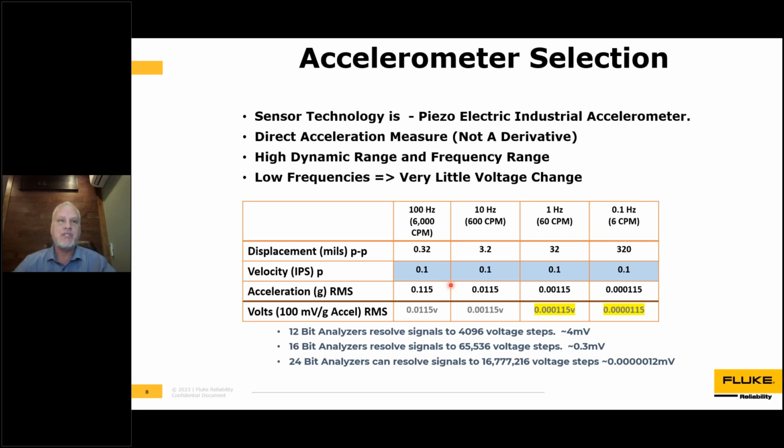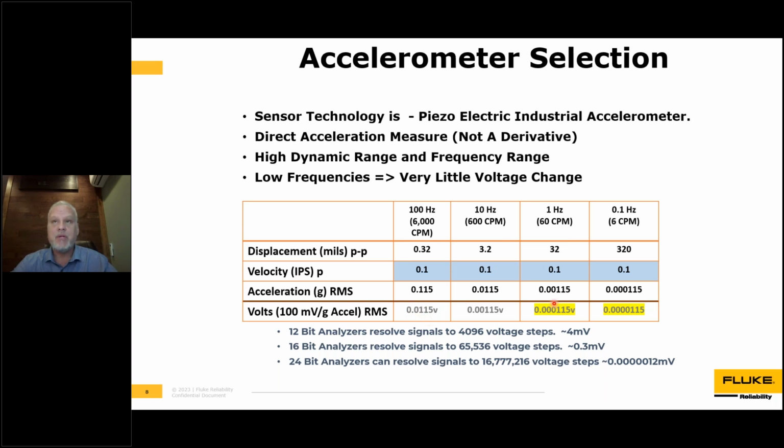And just as an example of this, I've charted out if we were to have a signal that would be equivalent, most people look at their data in inches per second in velocity, essentially. If we were to chart that out as a voltage at different frequencies, that same amplitude at 6,000 RPM down to 60 RPM. At 6,000 RPM, that's 0.0115 volts.